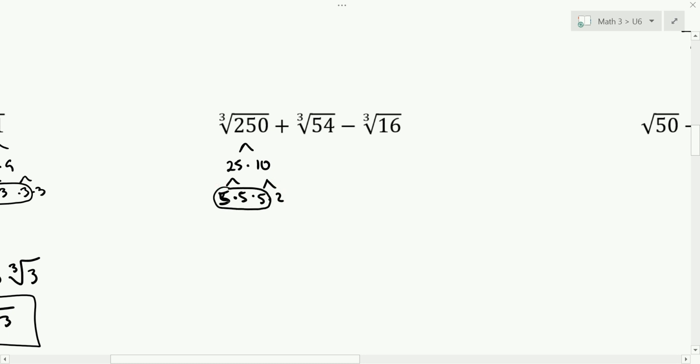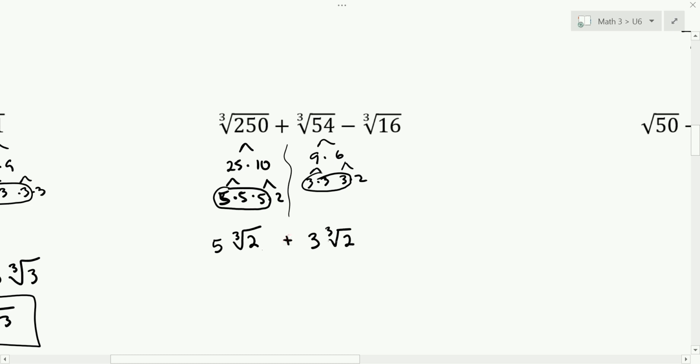We can take the cube root of that, and you end up with 5 cube root 2. For 54, it's 9 times 6. 9 is 3 times 3. 6 is 3 times 2. And so we have a set of 3 3's that we can take the cube root of and get 3 cube root 2.